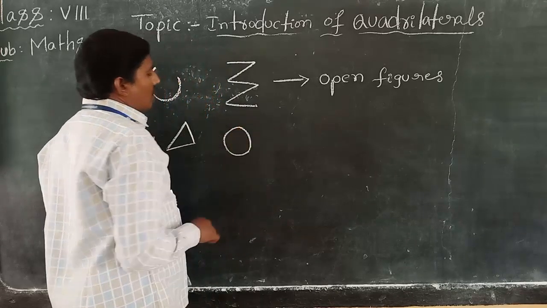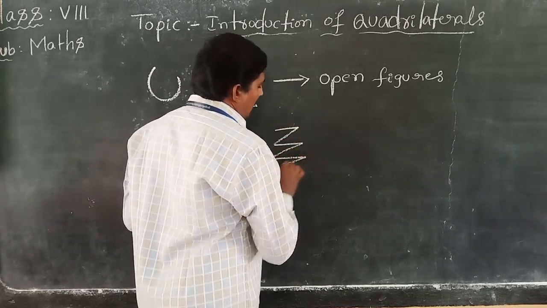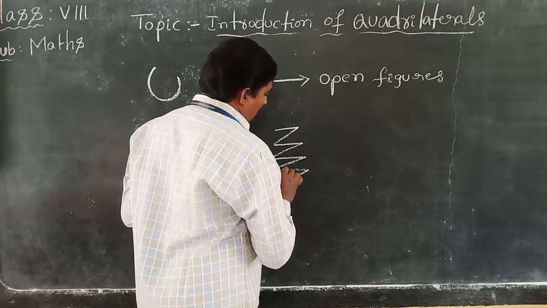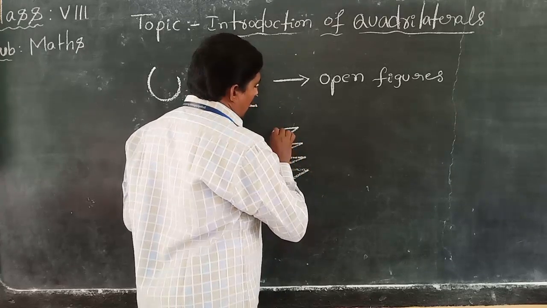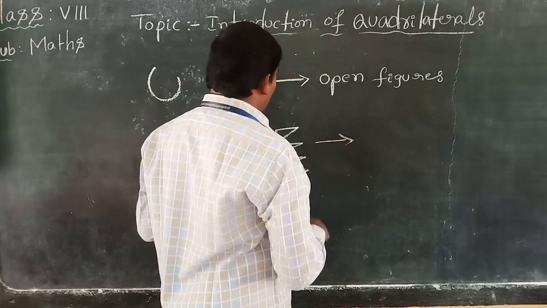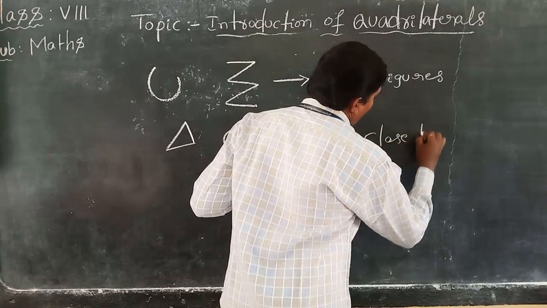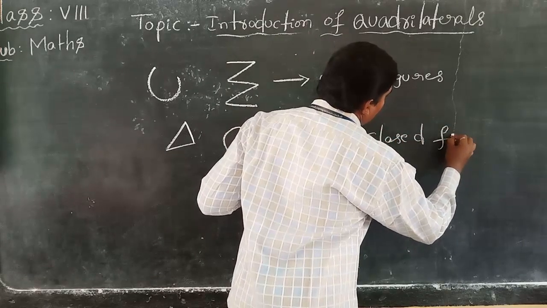That is a closed curve or closed figure. Like that, where the starting point and ending point coincide, those are called closed figures. These are closed figures, or closed curves.